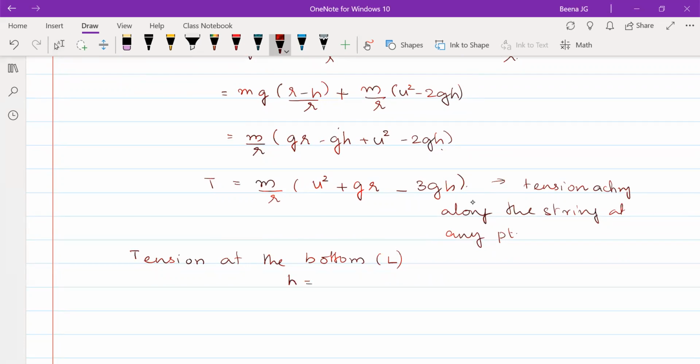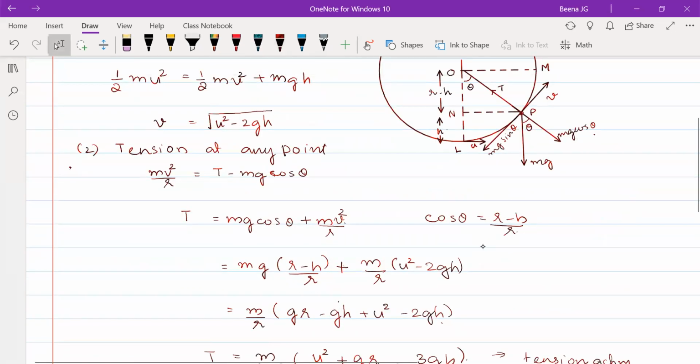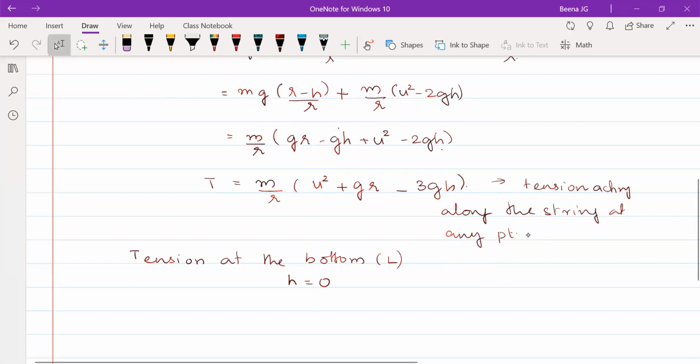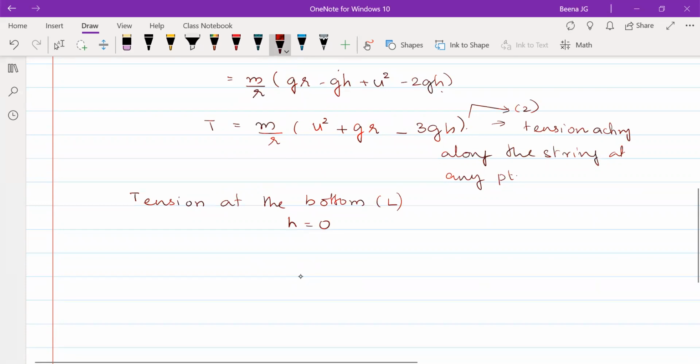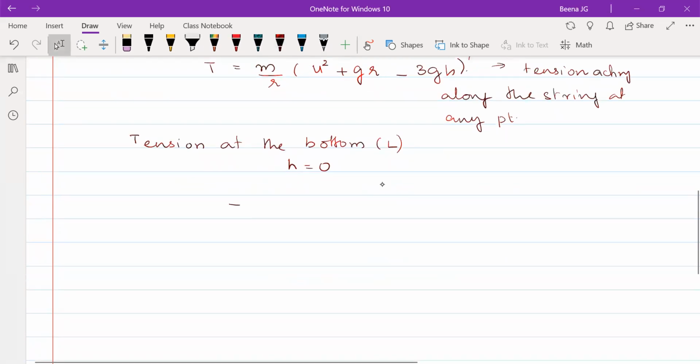Let us put it as equation number 1, and the equation for the tension I'm naming as equation number 2. So in equation number 2, I'm putting the value of h as equal to 0. So it will become TL. So TL is equal to m by r into u square plus gr. As I told you, h is equal to 0. That's the reason.